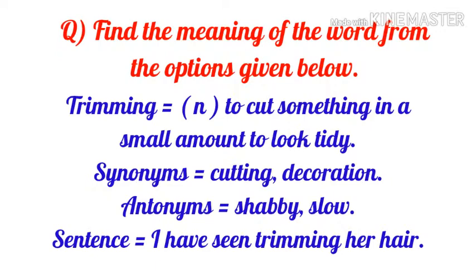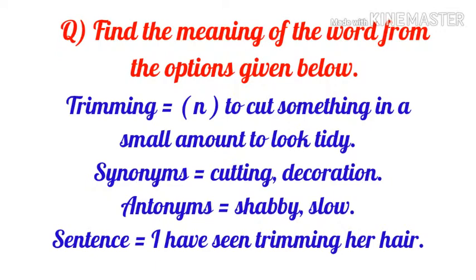Okay, so its meaning is very simple. To cut something, to look tidy. In order to make yourself look tidy or make something look tidy, you cut something into a small amount or small piece, so that it looks more and more beautiful than the original look.